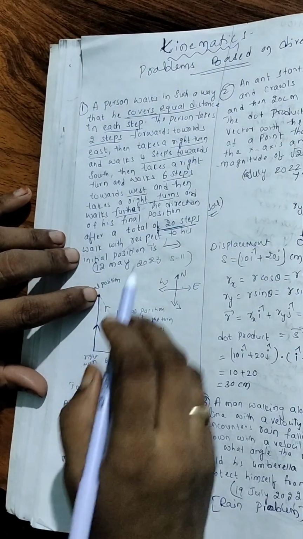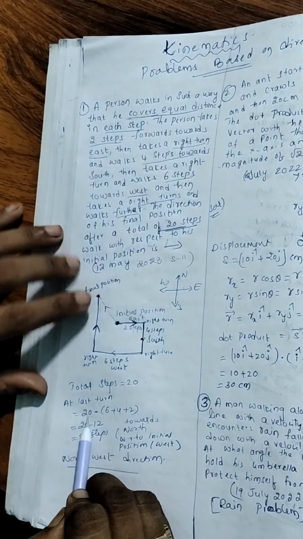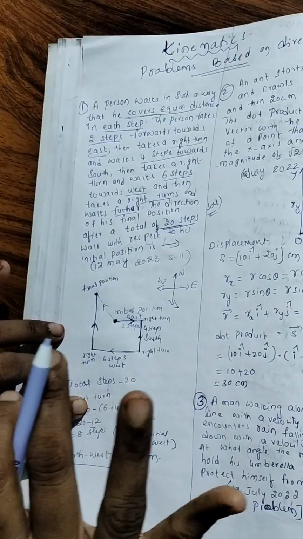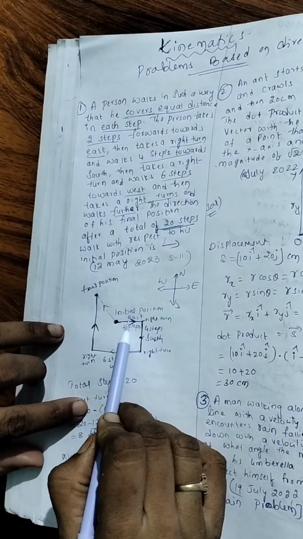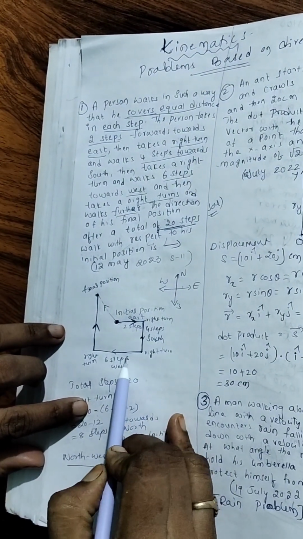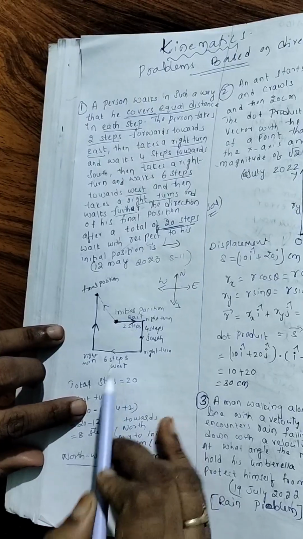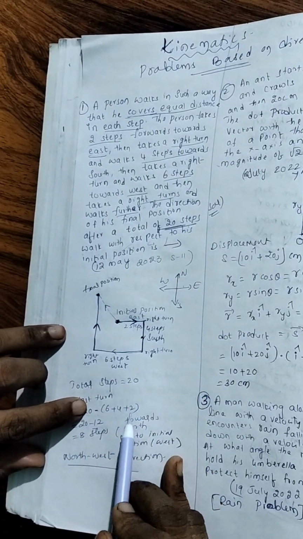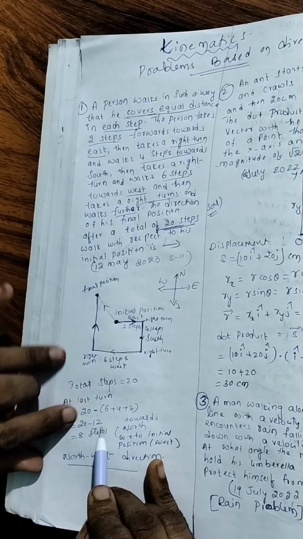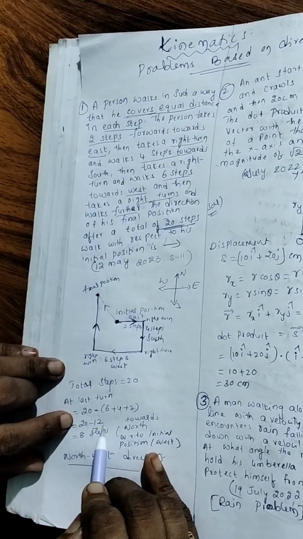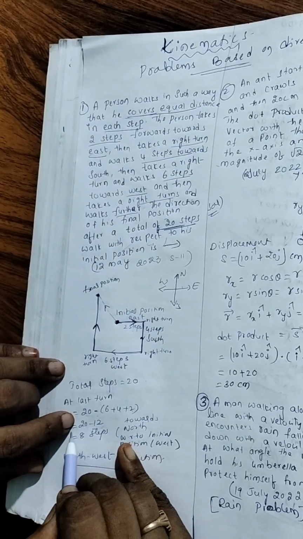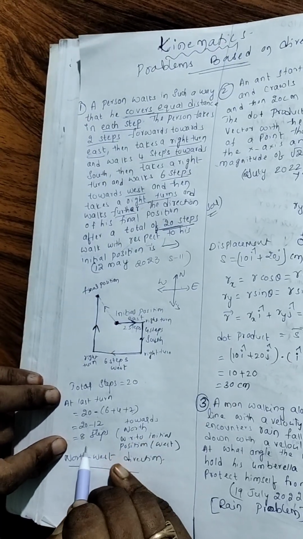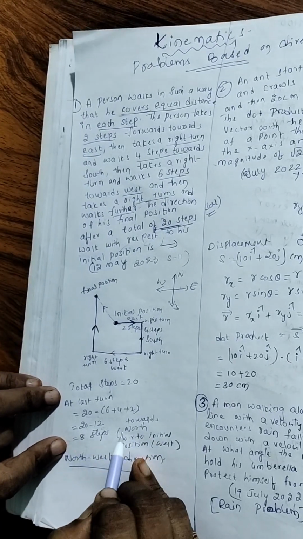In the last turn, total steps 20 minus, out of these 20 steps, he already walked 2 plus 4 plus 6 steps, that is, 12 steps. So how many steps remained? 8 steps, 20 minus 12.